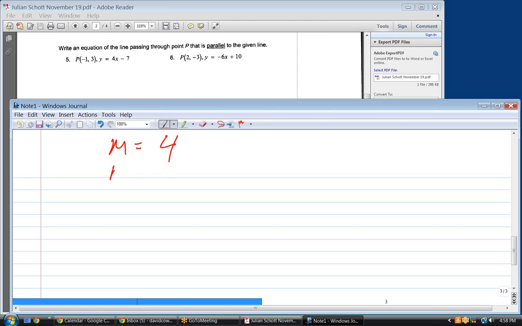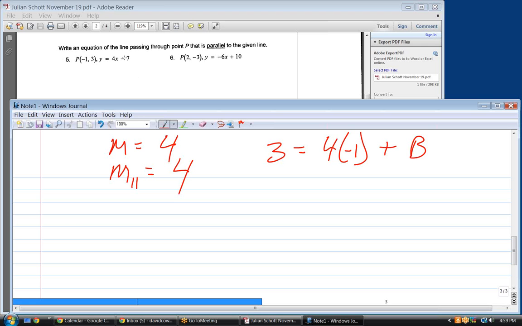So what's the slope of the parallel line? 4. But it has to pass through this point. So what should I write next? 3 equals 4 times -1 plus b, because we don't know if it's going to be plus or minus yet.